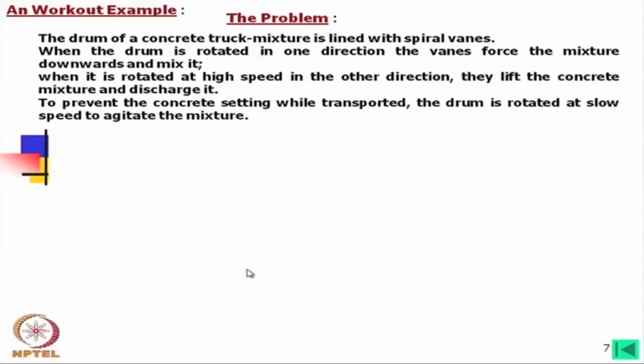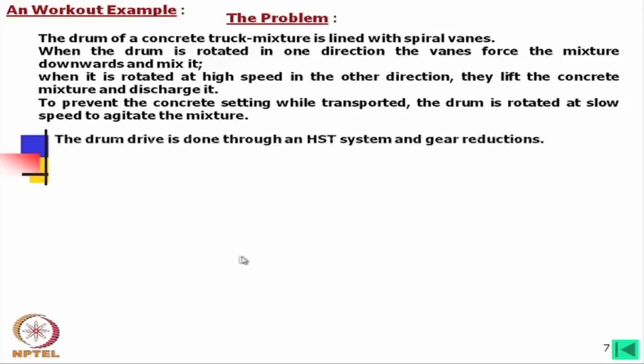To prevent the concrete from settling or setting while transported, the drum is rotated at slow speed to agitate the mixture. Definitely, we need not rotate at high speed, neither do we need that much power at that time. The drum drive is done through an HST system and gear reductions.